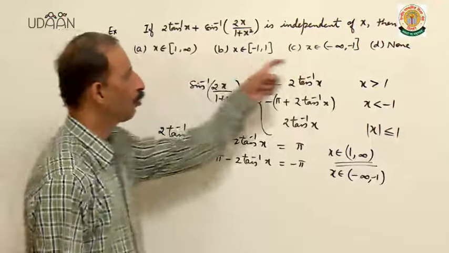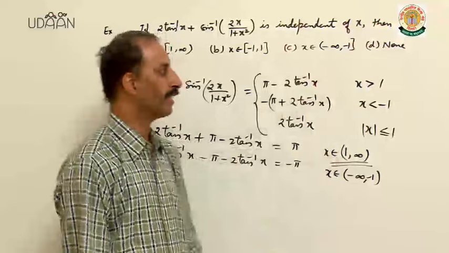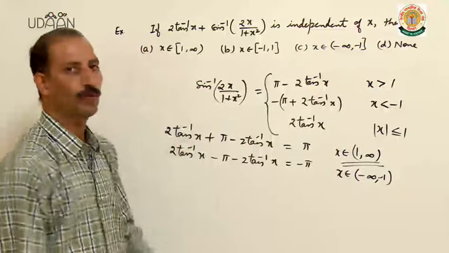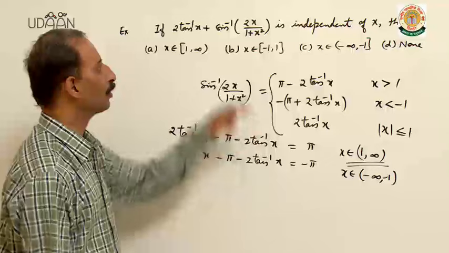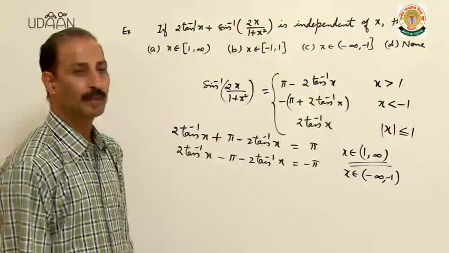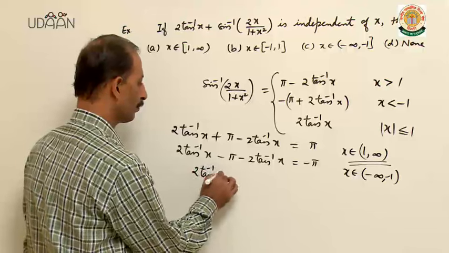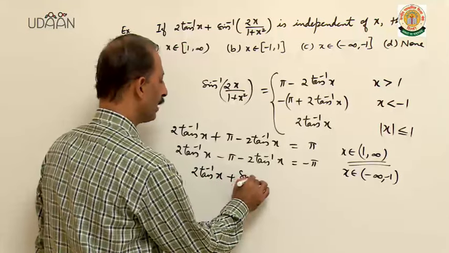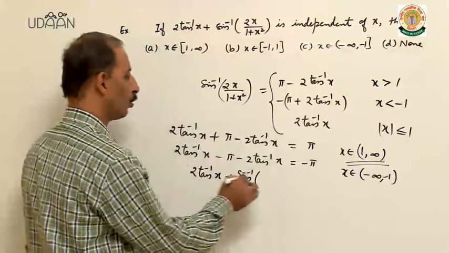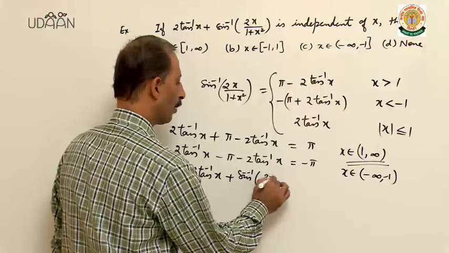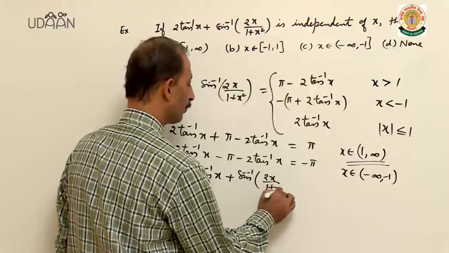Now they have given the closed interval. You can check. If you take x equal to 1, how much do you get here? 2 tan inverse x plus sin inverse 2x upon 1 plus x square.